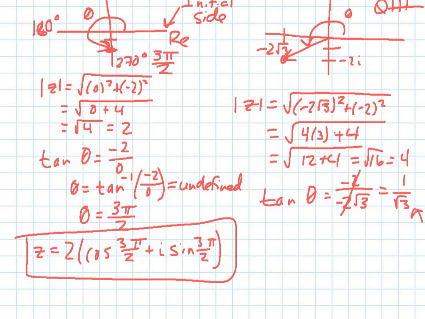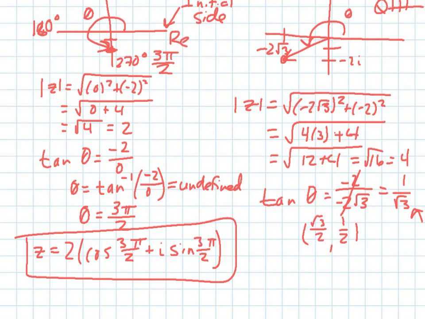One of the ratios that we got was 1 over square root of 3, or square root of 3 over 3, whichever way you wrote it. If I look in the first quadrant, that ratio would be pi over 6, because then you would get the values square root of 3 over 2, comma 1/2.